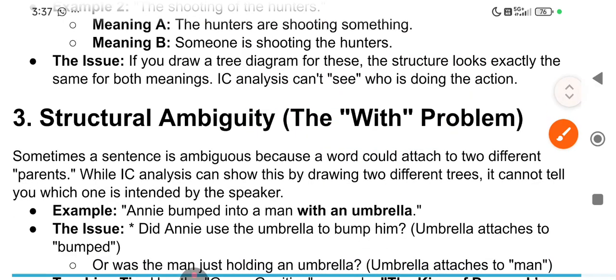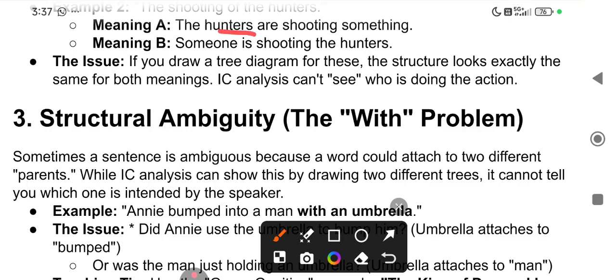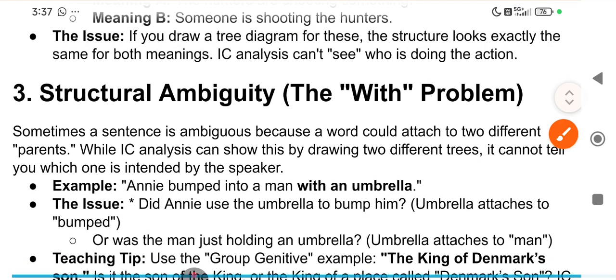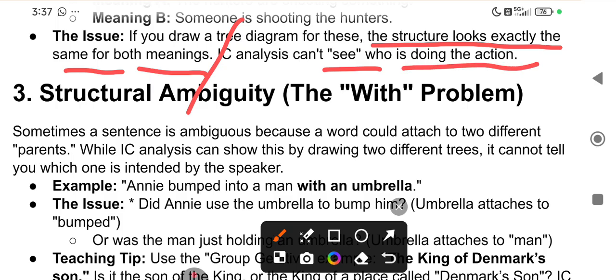Either the hunters are shooting something, or someone is shooting the hunters. If you draw a tree diagram for these, the structure looks exactly the same for both meanings, right? So IC analysis cannot see who is doing the action.